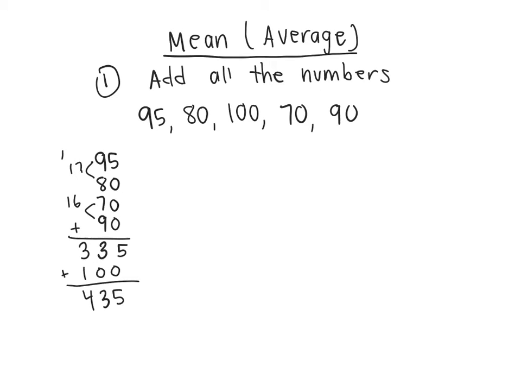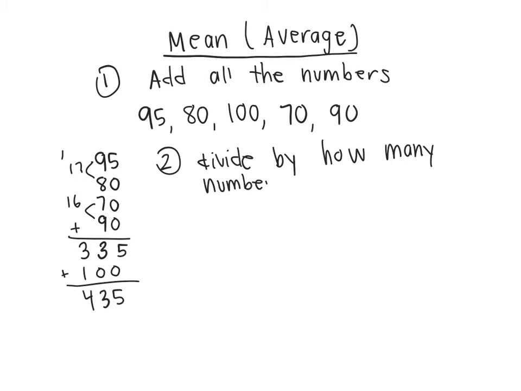Okay, and then step 2 is to divide by how many you added. We added 1, 2, 3, 4, 5 numbers, so we're going to divide by 5.